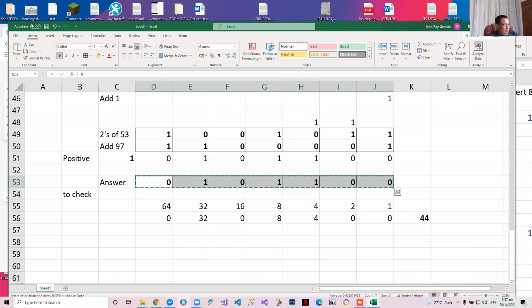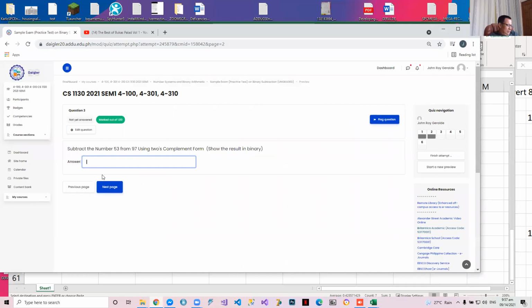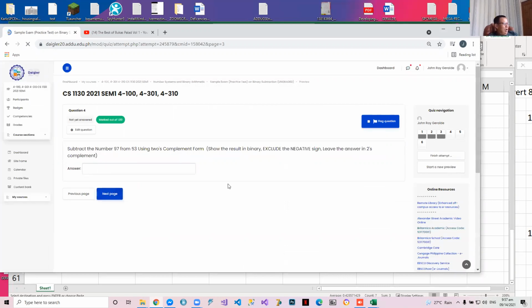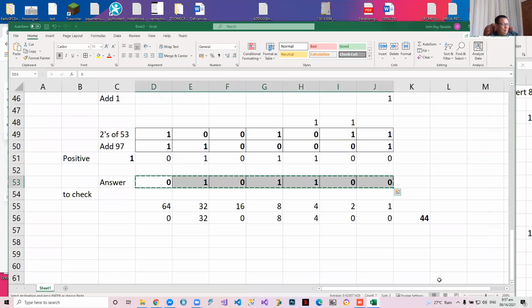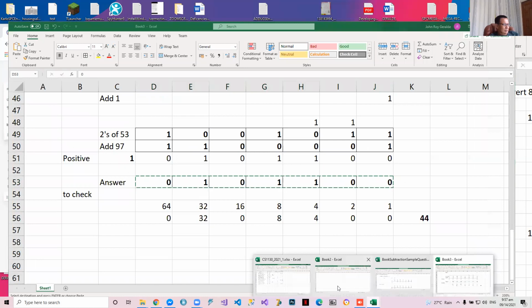Copy this. Paste it here. We remove the blank spaces. Until the last. No? Now, this time we subtract 97 from 53. We should get negative 44, okay? Close this.